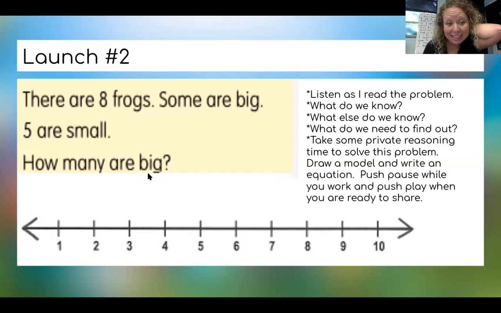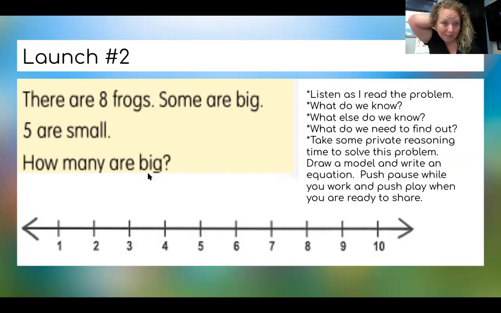We have 8 all together. What else do we know? Well, we know that out of the 8 frogs, 5 are small.